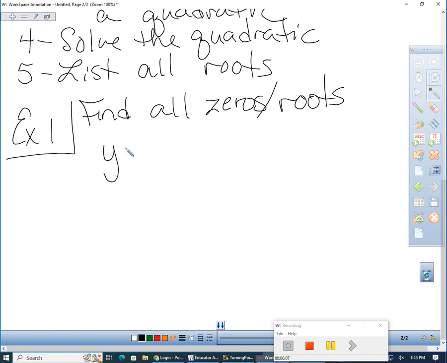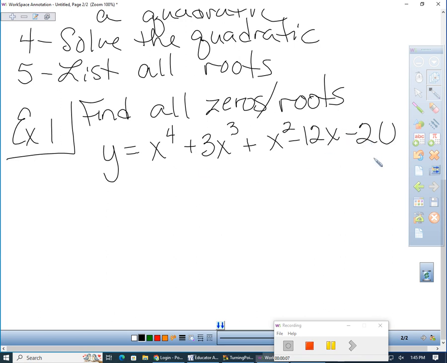All right, so here is our polynomial. Let's say I have y equals x to the 4th plus 3x to the 3rd plus x squared minus 12x minus 20. Okay? So very first step is we find all possible zeros. So possible zeros are all the factors of the last number over all the factors of the first number.